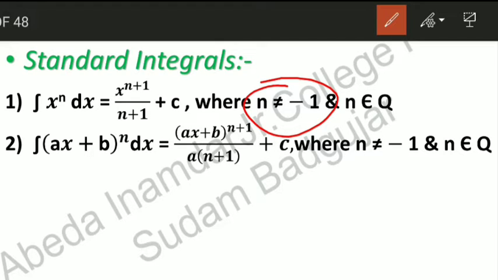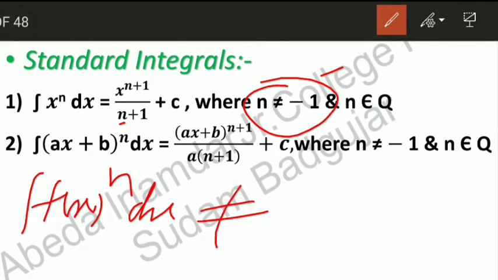Minus 1 plus 1 is 0, and a denominator of 0 is meaningless. So n is not equal to minus 1 here. Now, I am talking about formula number 2. See here, the integration of f of x raised to n is not possible.